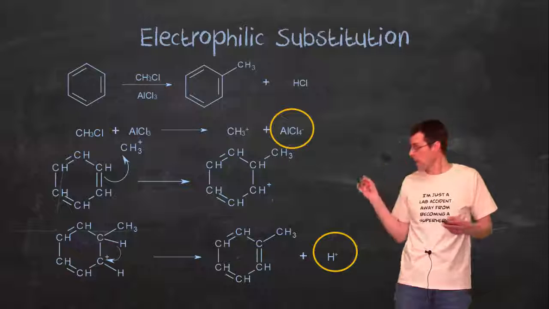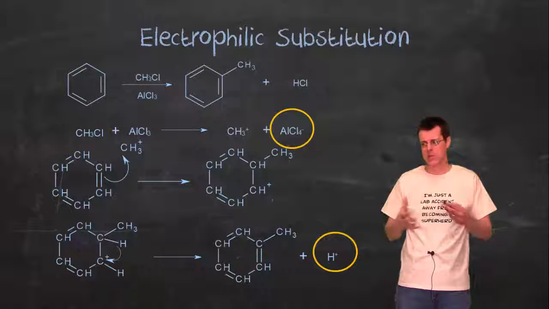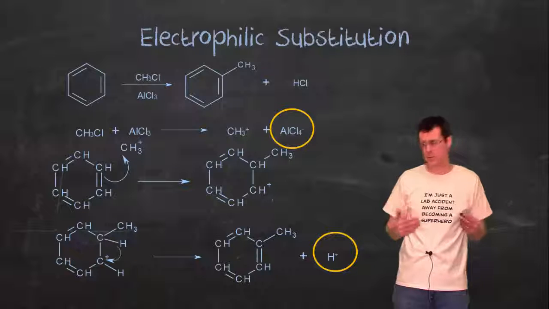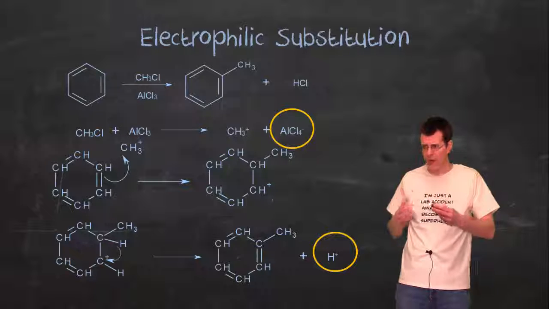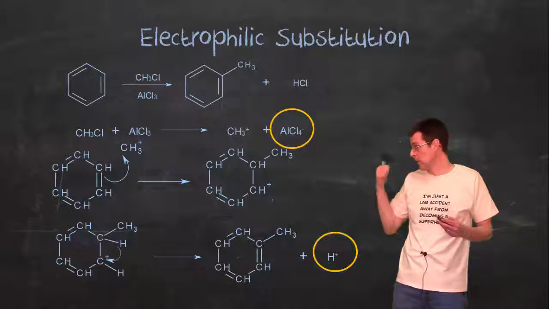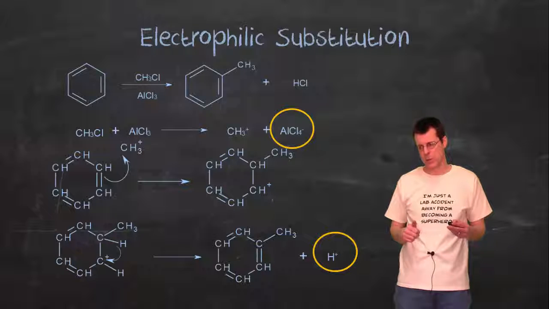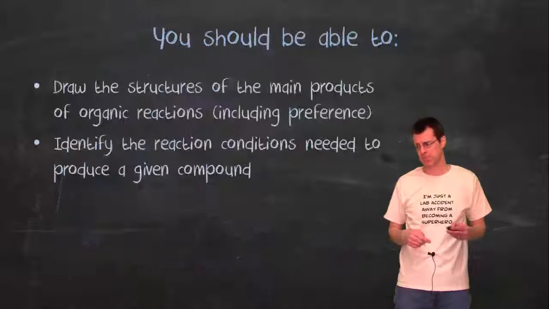Now that hydrogen ion and what's left over of the catalyst, they're going to get together, and the catalyst is going to regenerate back to, in this case, aluminum chloride, AlCl3. The hydrogen will connect with the chlorine that was part of that original thing as well. And then you'll get back to the products that are listed up there.